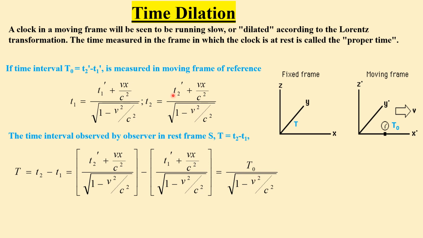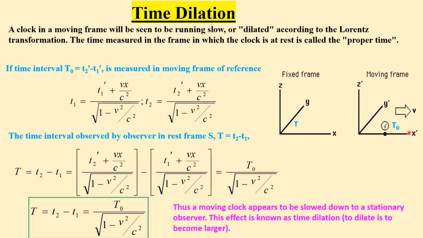So we can write t naught divided by under root 1 minus v square by c square, that is, t equals t naught by under root 1 minus v square by c square. That's why a moving clock appears to be slowed down to the stationary observer. According to this relation, t naught is divided by this factor, and this effect is known as time dilation.